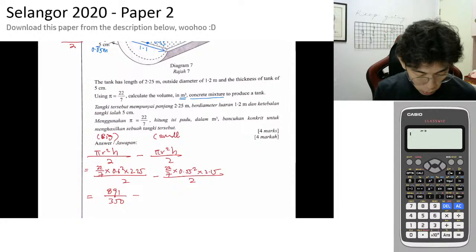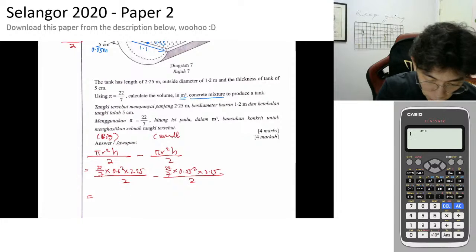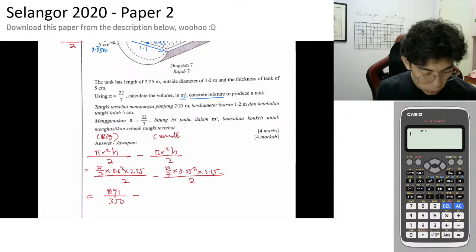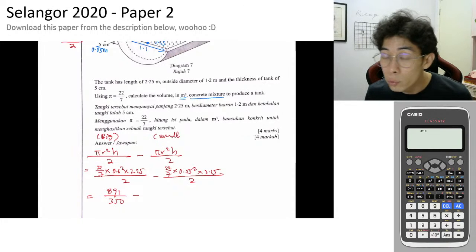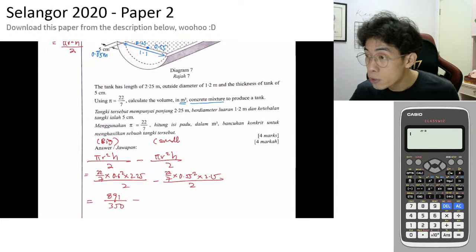Alamak. 0.55 square times 2.15 divide by 2. Sorry, why do I keep pressing the wrong thing? This one no answer, so I have to minus myself. So the next one, it will be 891/350 minus answer. Did I type wrongly? Let me check properly first. 22/7, yes. 0.6, yes. This one, yes.